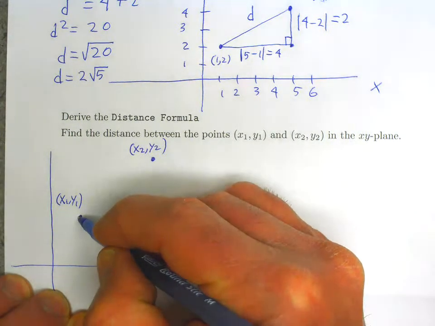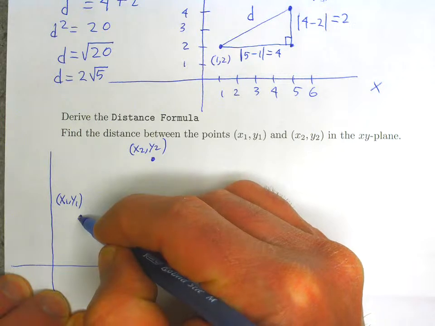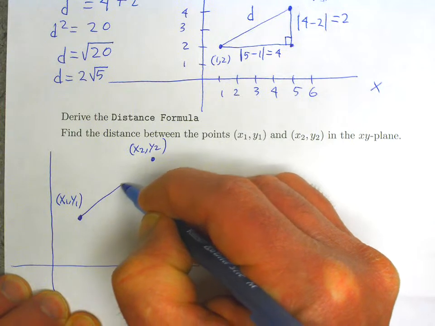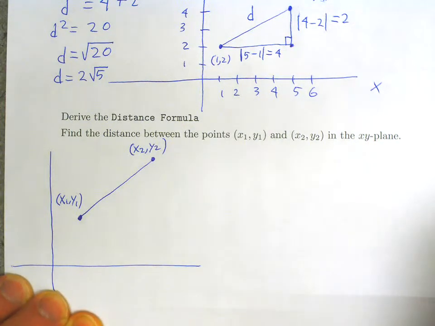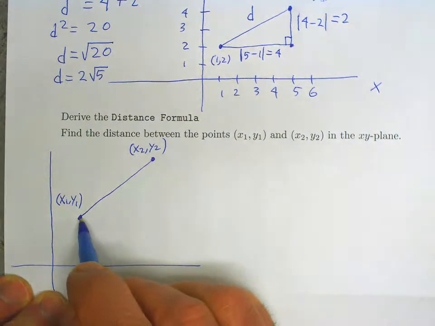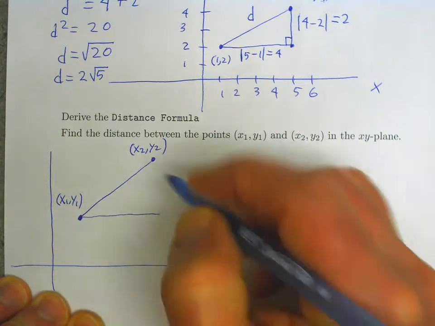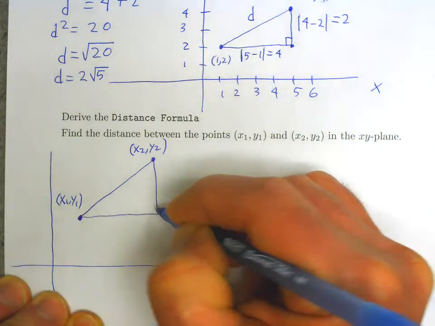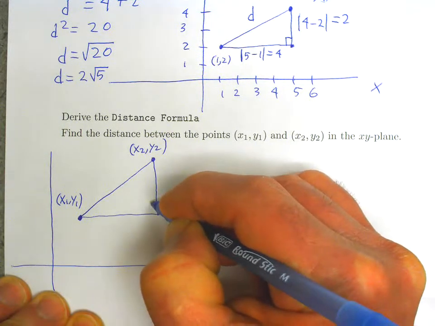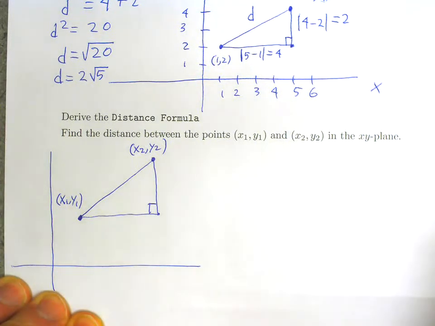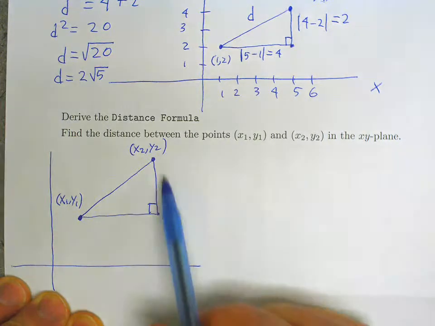Okay, so the hypotenuse of the right triangle is the straight line segment that we get by connecting those 2 points. And then we're going to connect a horizontal line segment with a vertical line segment. They'll intersect at this point, and they, of course, form a right angle.